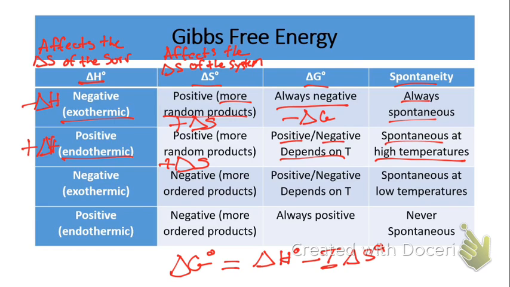Now, why is this the case? Why at high temperatures? So you recall that when the temperature is really high in the surrounding environment, there's a high degree of random energy. And so the entropy of the surrounding environment is already extremely high.